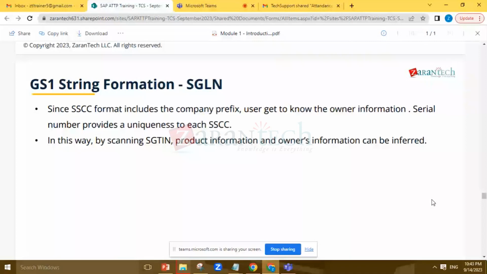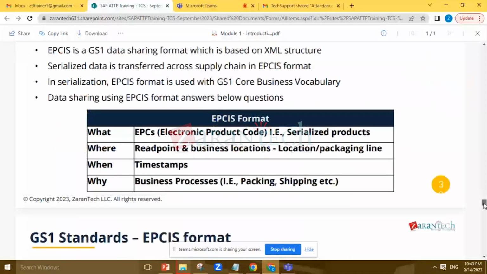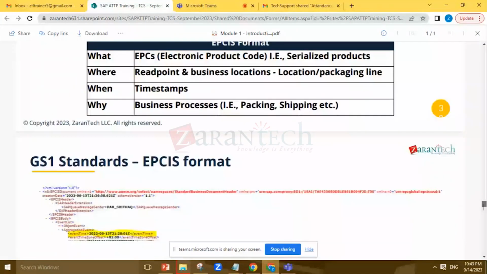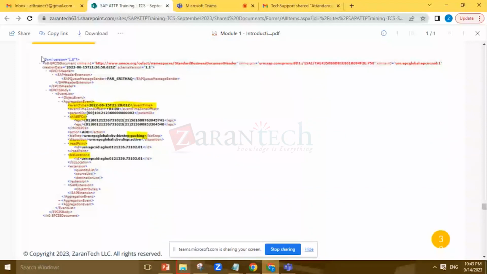I will explain. I think you have some ATTP background, right, Pradeep? Yeah. So you are aware that the structure would be more or less the same, whether you have commissioning or shipping or receiving or unpacking. I strategically chose the packing part because it is easy to visualize.